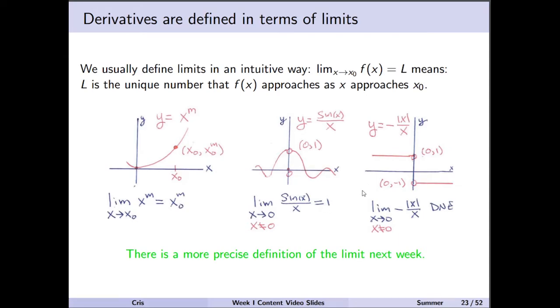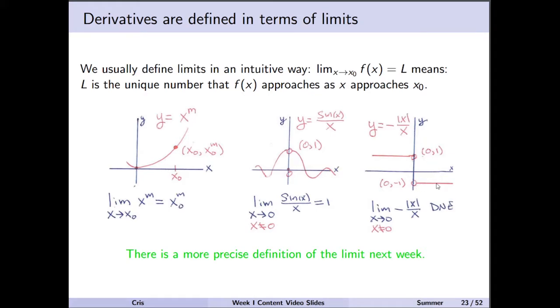We look over at this third example. This is an example where the limit does not exist. We look at the graph y is equal to minus the absolute value of x divided by x. If you take a negative number like minus 3, you have minus 3 over 3. You have minus 1. So we always have minus 1 on the left here. If you look at a positive number like 3, you have minus 3 over 3, which is minus 1.